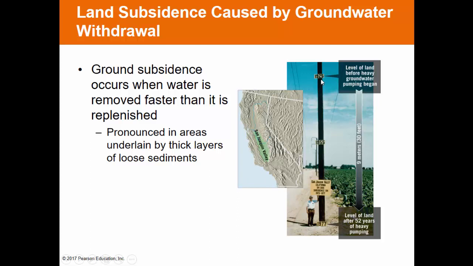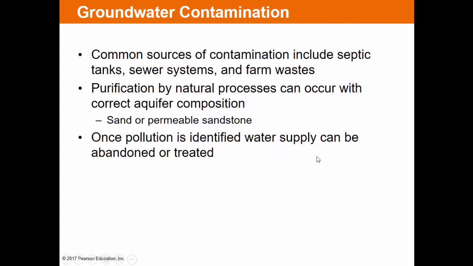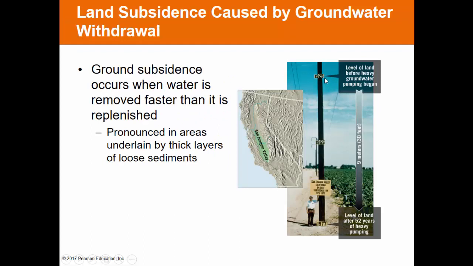From 1925 to 1977, the pumping in the San Joaquin Valley created subsidence, which was just the compaction of sediment because there's no longer water to hold it up. It caused the San Joaquin Valley to subside that far. That's how far it subsided between 1925 and 1977.